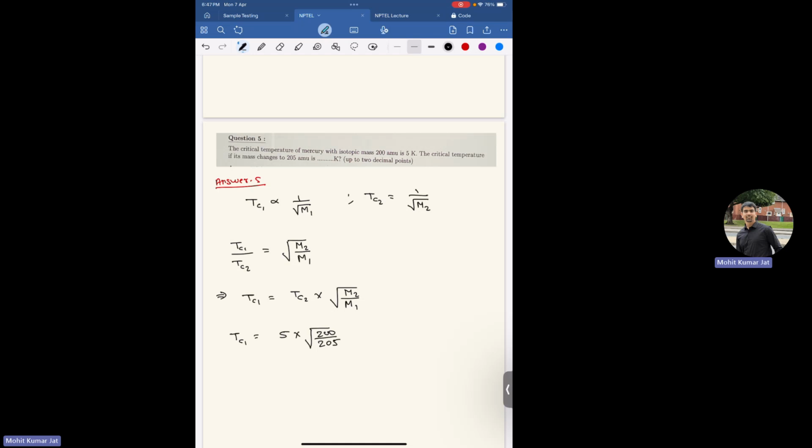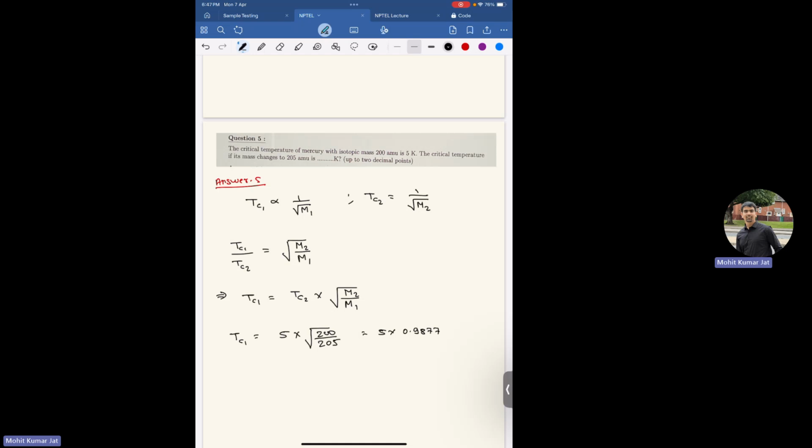So 200 divided by 205 will be 0.9756, and square root of that is 0.9877. 5 into 0.9877.